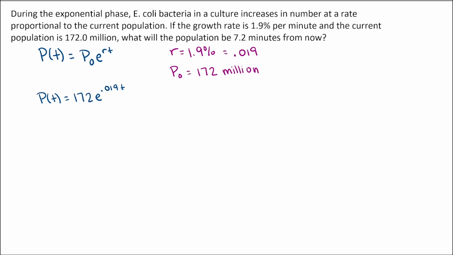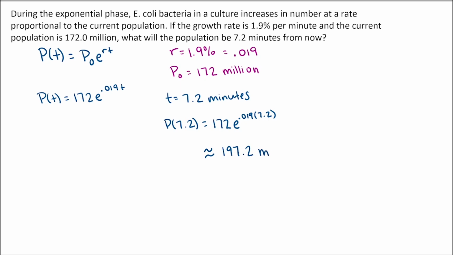Now we want to find this value in 7.2 minutes, so we're going to plug in 7.2 for t, and P of 7.2 is equal to 172 times e raised to the 0.019 times 7.2 power. Plugging that into our calculator gives us 197.2 million bacteria.